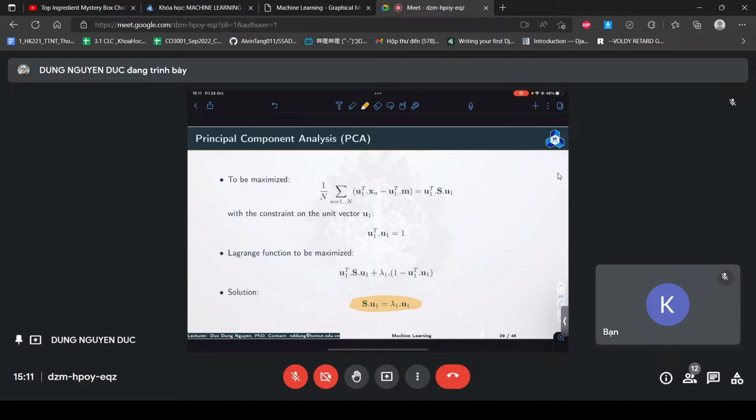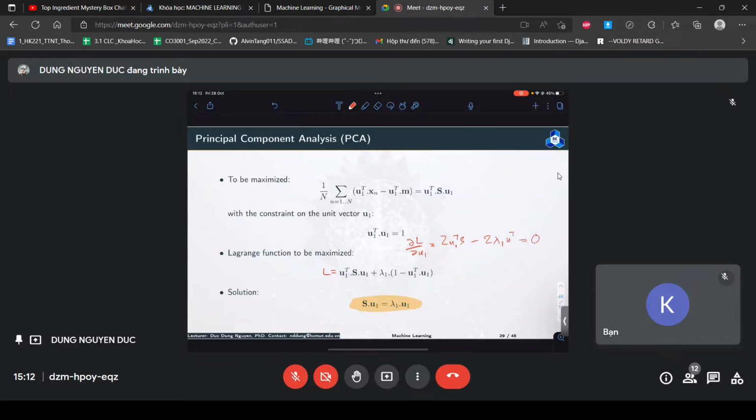It's just very simple. When you take the derivative of the Lagrange equation, let's say you have L equal to this one, then the derivative of L with respect to U1 equals what? 2 U^T S, subtract 2 lambda 1 U^T.